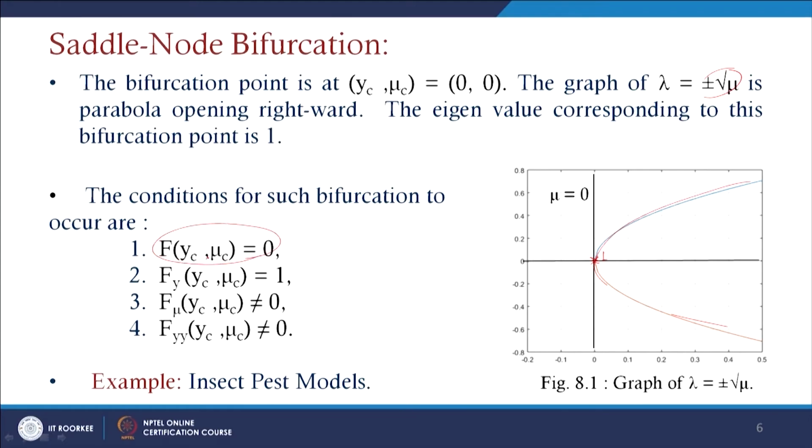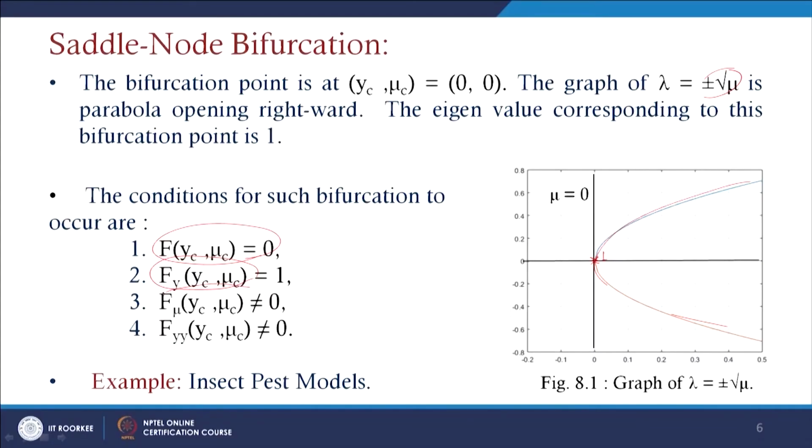Then the first order derivative with respect to y takes the value 1. The differentiation with respect to mu is not equal to 0, and the second order differentiation with respect to y is also not equal to 0. So, these are the conditions that should be satisfied to get these bifurcation points.